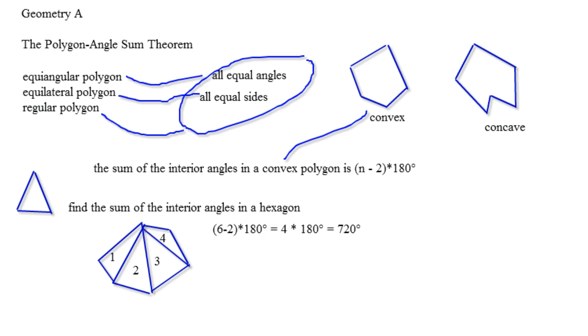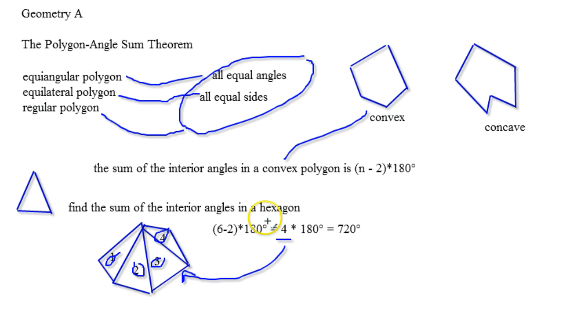Those number of triangles and this number 4 don't seem to be incidental. The angles inside each triangle sum to 180, and that lines up pretty well.